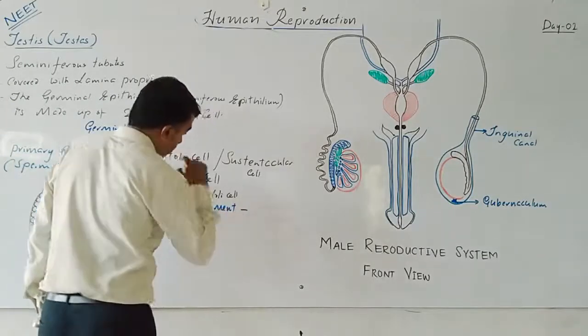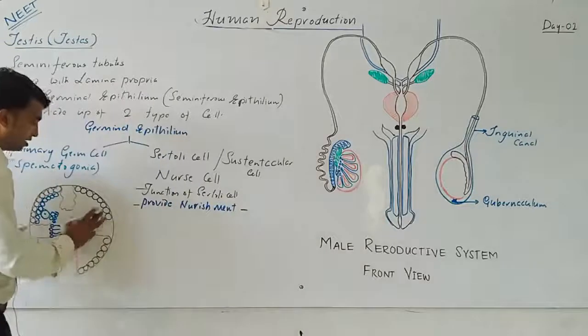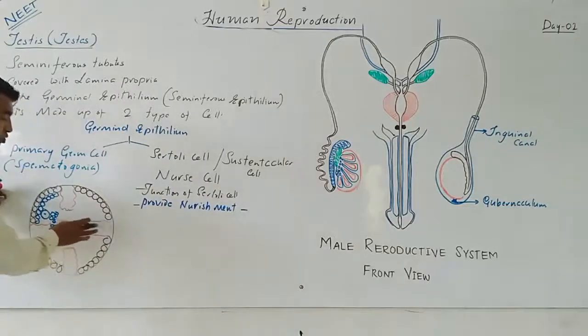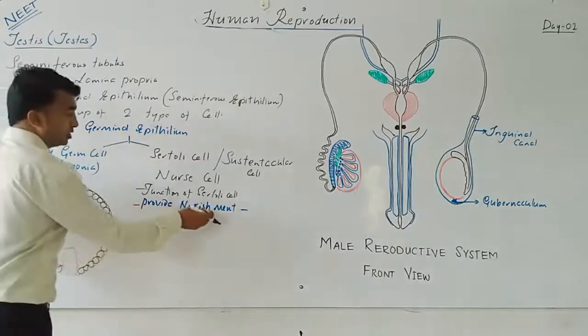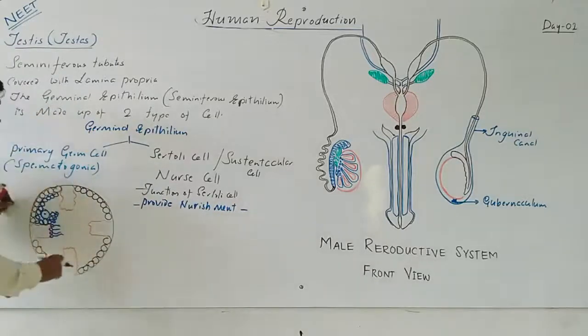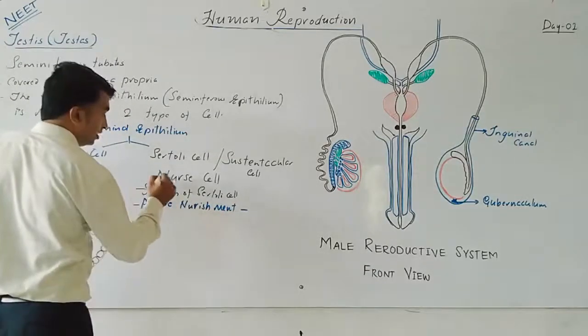Nourishment means even the exchange of gases and the exchange of nutrients take place through this Sertoli cell. Just beside it, the primary spermatocyte, secondary spermatocyte and spermatids are attached. So it provides the nourishment for the developing spermatozoa. First, that's why it is called a nurse cell.